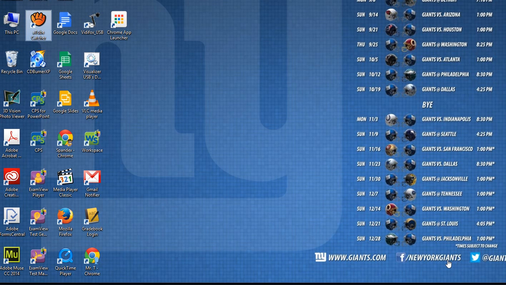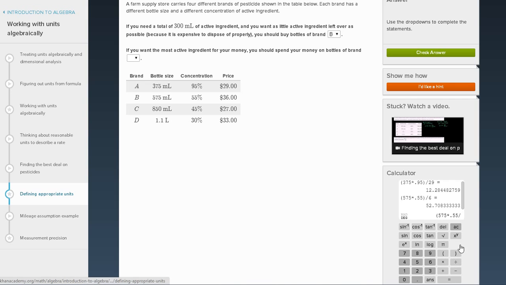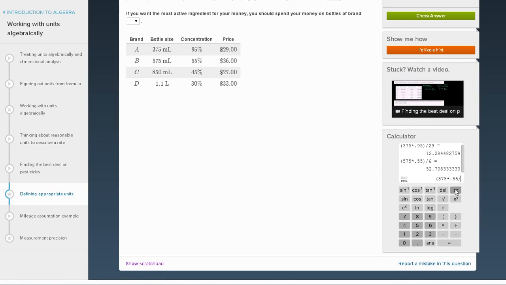I gotta close that parentheses. I don't use this calculator well. Let's do it again. Open parentheses, 575 times 0.55, close parentheses, divided by 36, equals. Aha! I am getting less. The other one was 12 something, right? So B gives me less milliliters of active ingredient per dollar.